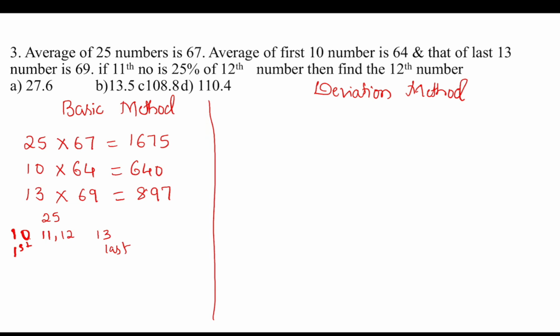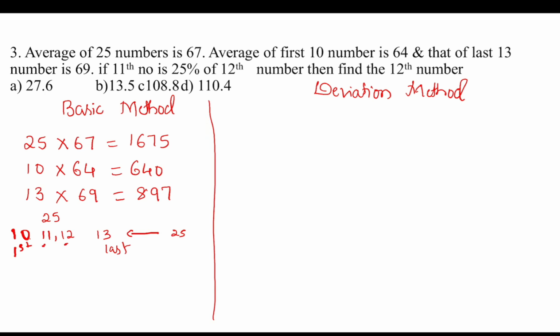So 10 plus 13 is 23. So 2 numbers are falling short. So those 2 numbers are which? 11 and 12, because first 10 means the next number will be 11 and then 12, and coming from the last, 13 means till the 13th number from 25, that will be 13 numbers. So that means the 11th and 12th number we don't know.